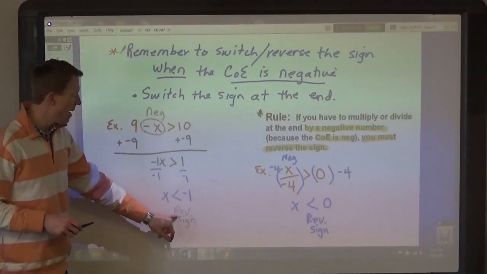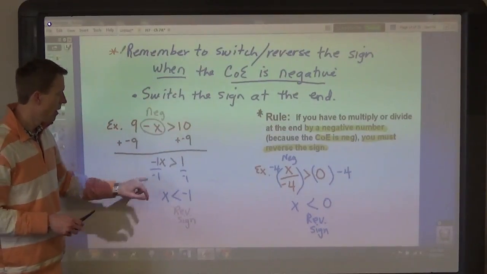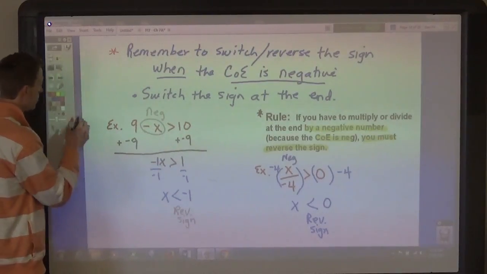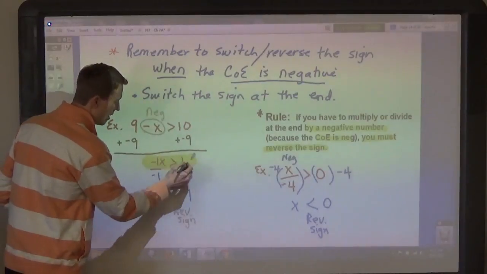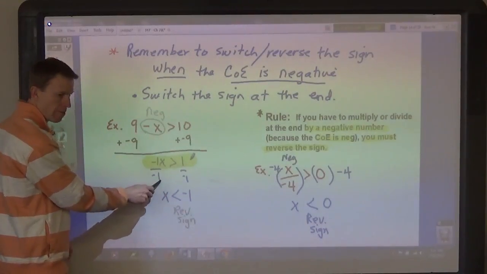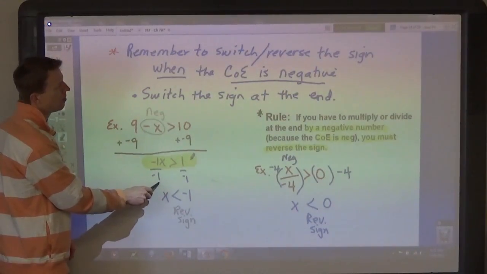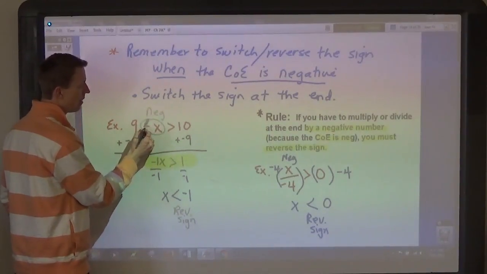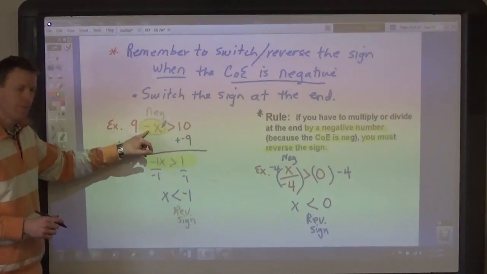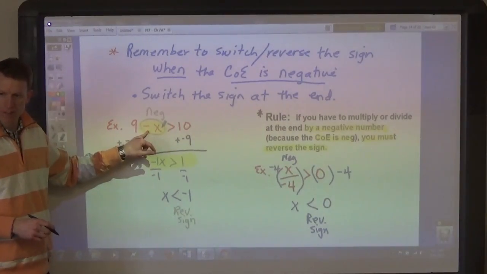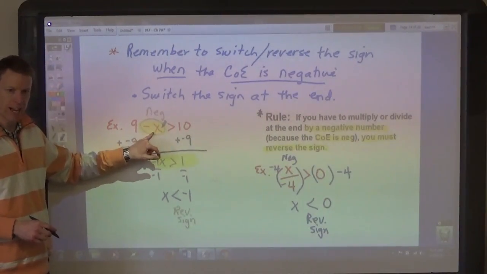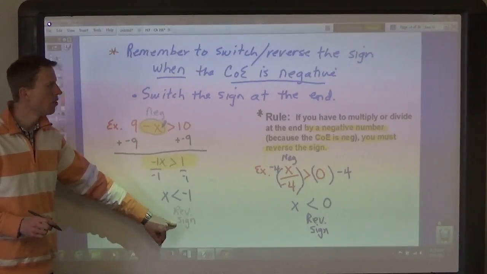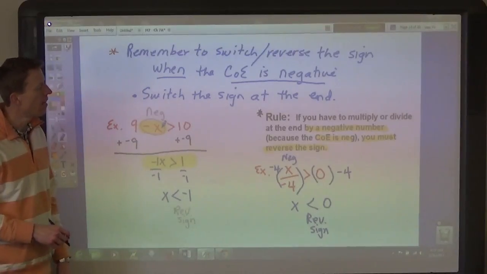When you get to the end, to this step right here, and you see that you have to multiply or divide by a negative number, or if you look in the beginning and you see that the coefficient of the variable is negative, the number in front of the x is negative, then at the end, you're going to have to reverse the sign.